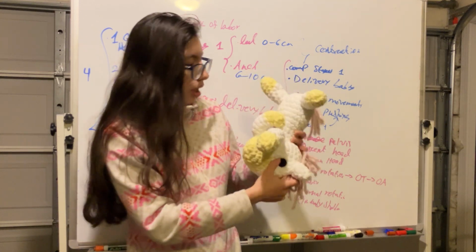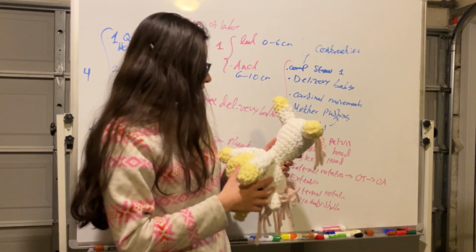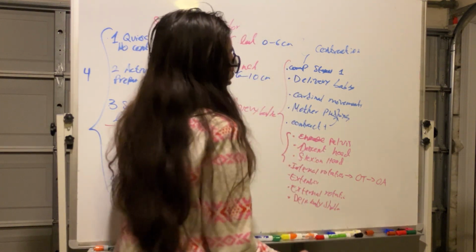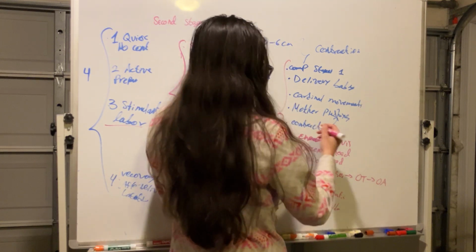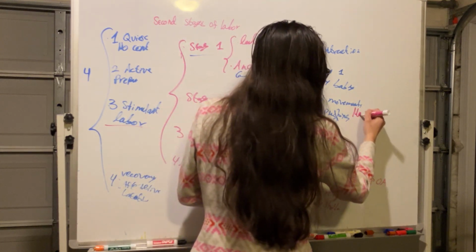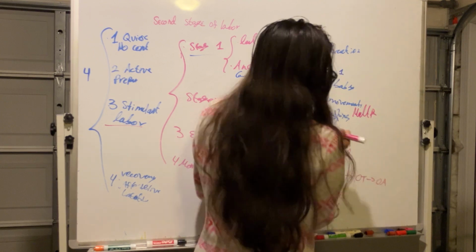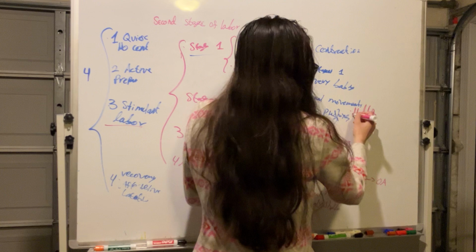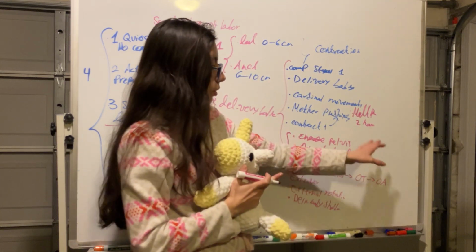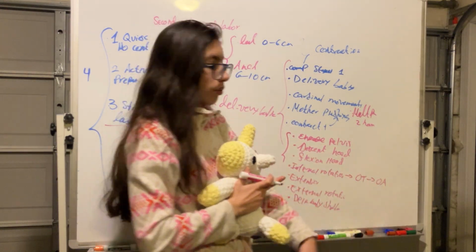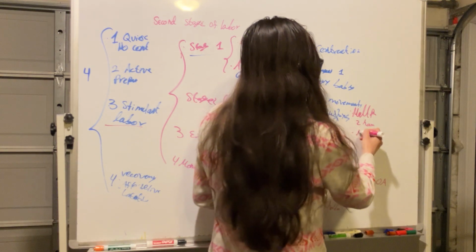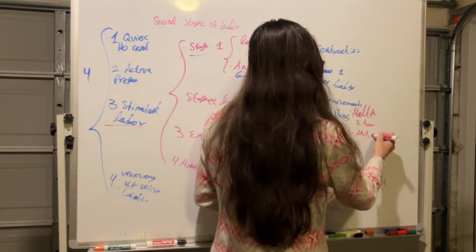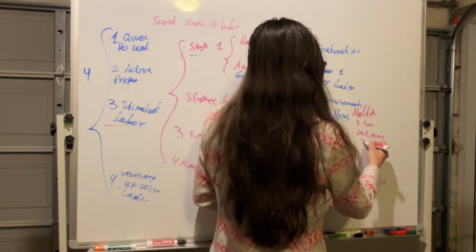And the duration of this normally is, if the patient is a multiparous woman, 2 hours. So the duration of the cardinal movements would take 2 hours if it's a multiparous woman, but if it's a nulliparous woman, this will take 3 hours.